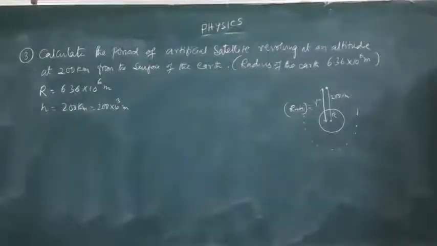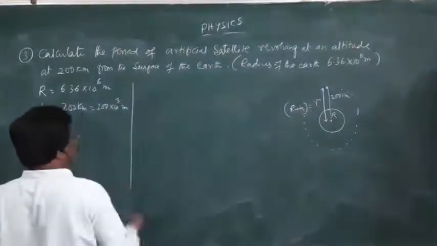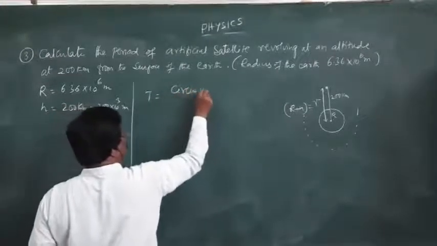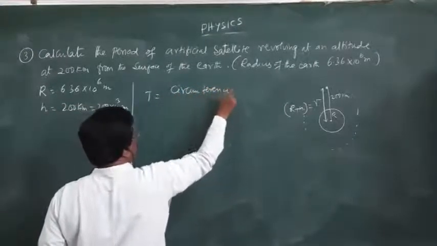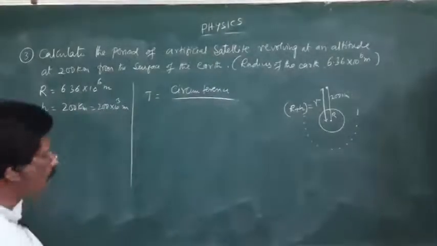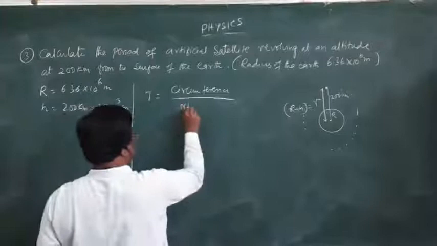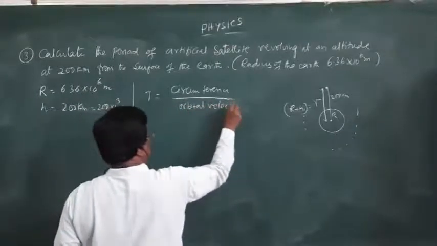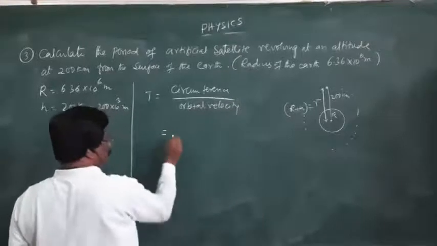Then time period T is equal to circumference divided by orbital velocity. So what is orbital velocity?